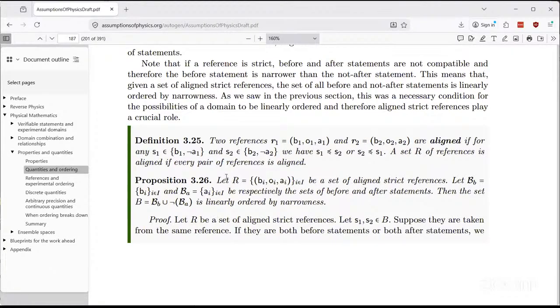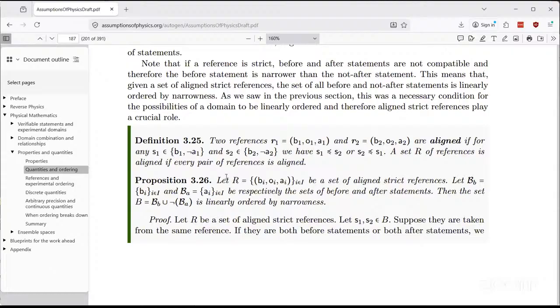Okay. Proposition 3.26. Let R be the set of all references, a set of all tuples indexed on I, be a set of aligned strict references.